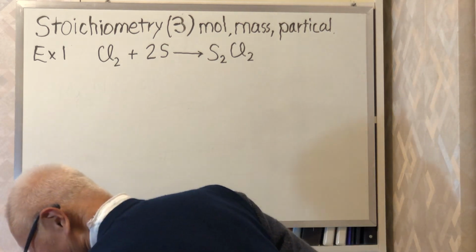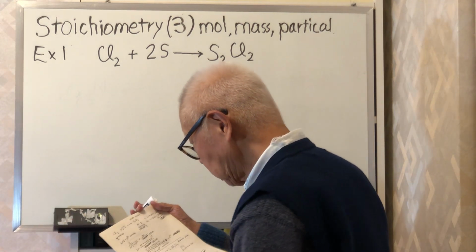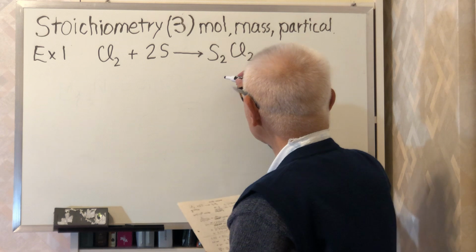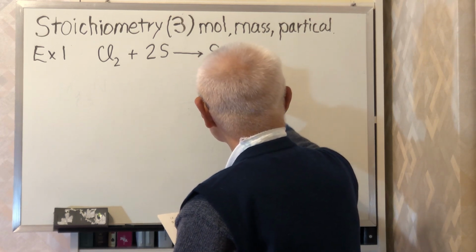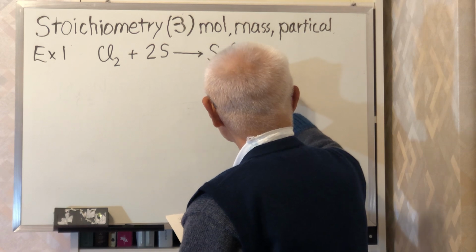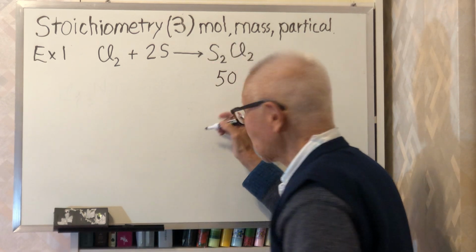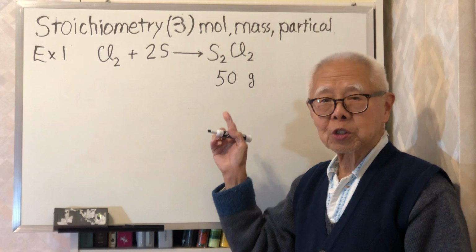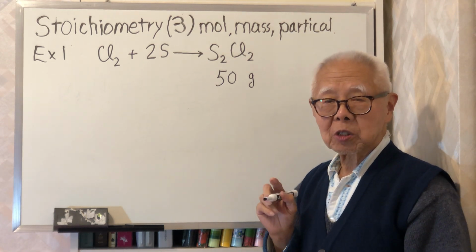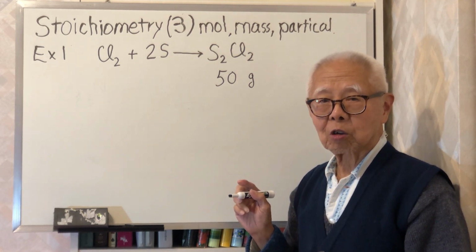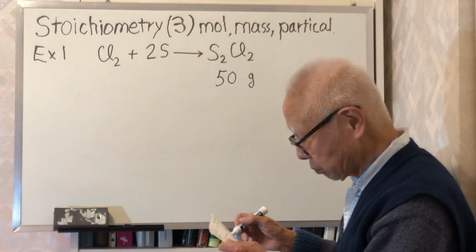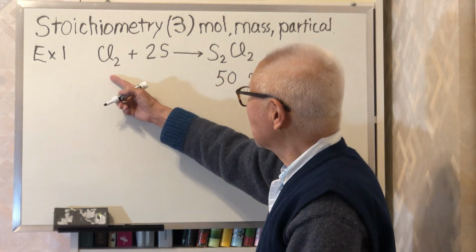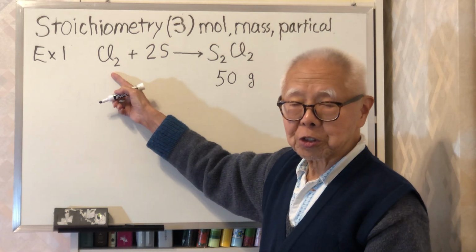Now the question is, I want to produce 50 grams of disulfur dichloride. How much chlorine do I need?